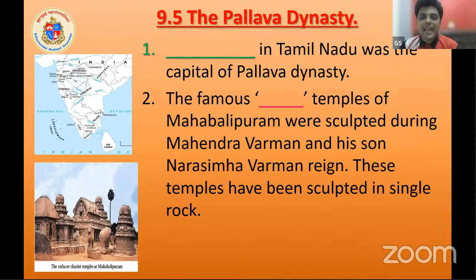And the famous Dash temple of Mahabalipuram was sculptured during Mahendravarman and his son Narasimhavarman's reign. This temple has been sculptured in a single rock. What is the name of the temple? The speciality of the temple is it was sculptured in a single rock. What is the name of the temple at Mahabalipuram?